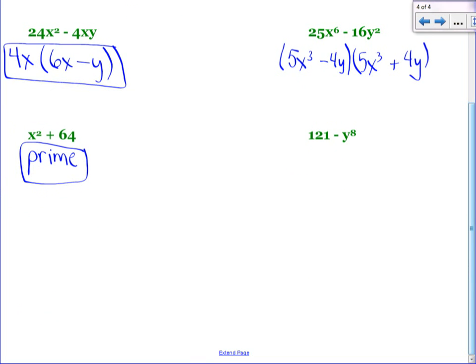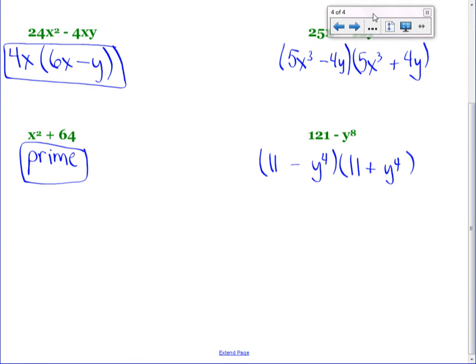What's the first going to be in each one? 11. What's the second one going to be? One's plus and one is minus. Questions? Okay, first thing is always looking for that GCF, and then you factor if you can.